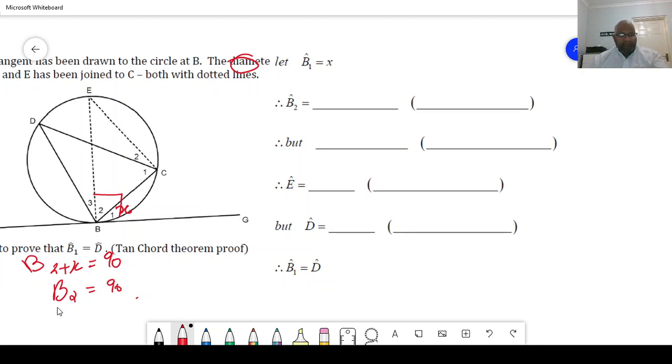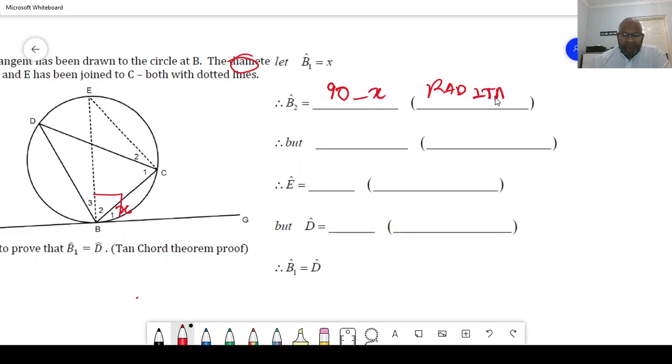Okay, and what is our reason there? Radius perpendicular to tangent. So that's going to give you 90 degrees minus x. Radius perpendicular to tangent. Okay, so I'm going to fill that in there. 90 minus x.